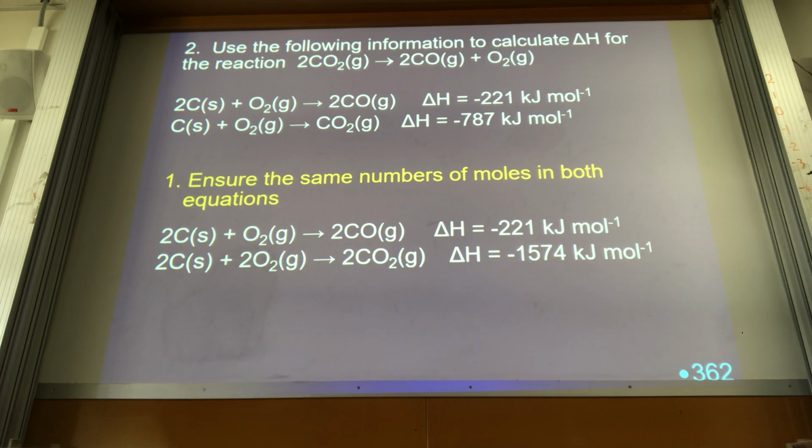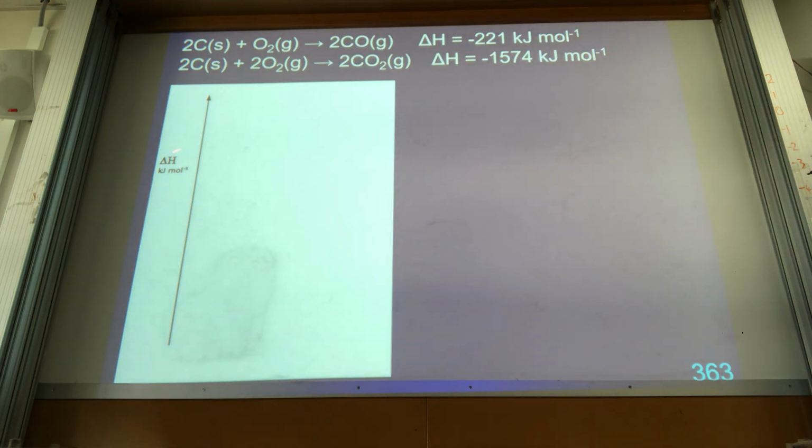So, we've got our 2 delta H values to combine, and we've got carbon being the starting point for both. They're exothermic, that means carbon is going to start off up the top and the products are going to come in down the bottom.